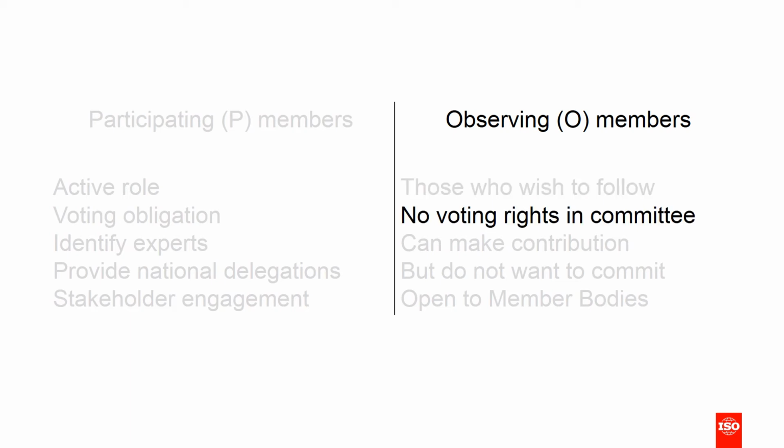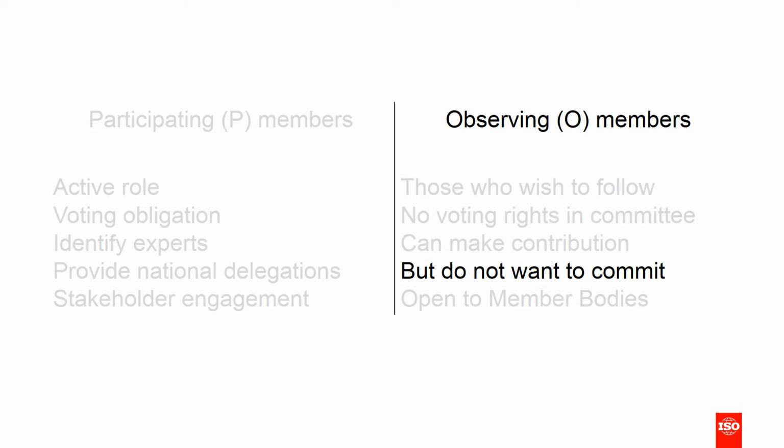They could make contributions in the form of commenting on the work, and they could also receive, of course, all the relevant information and documentation on the progress. But they do not want to commit further, and one of the reasons could be, for example, that they need more time to gather a sufficient amount of stakeholders in their country before they can make a relevant contribution on a specific project.